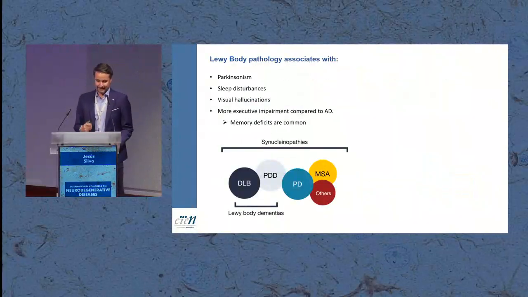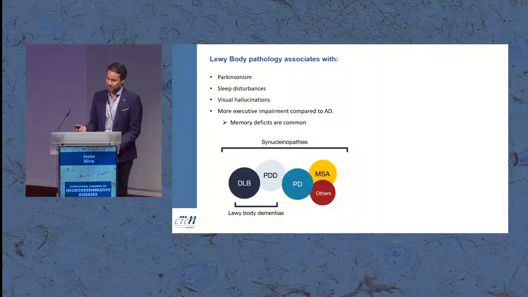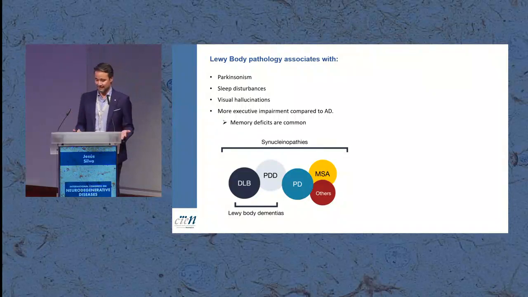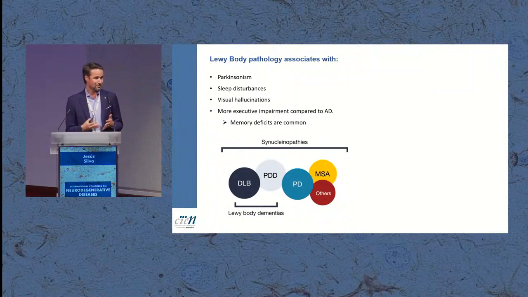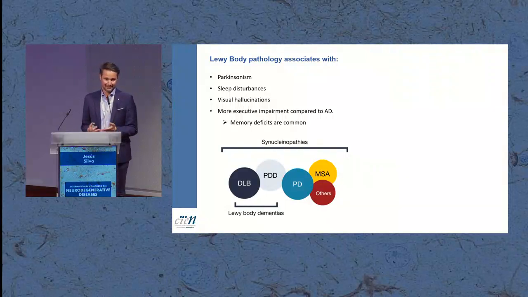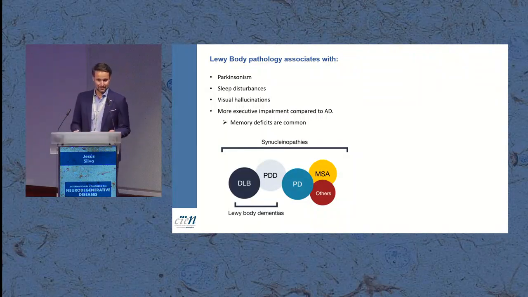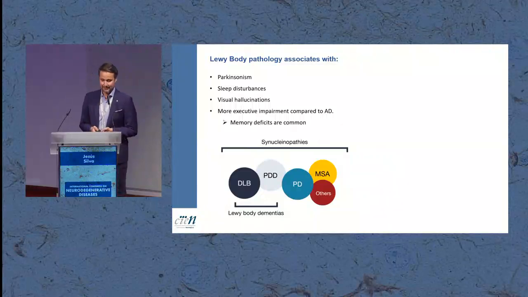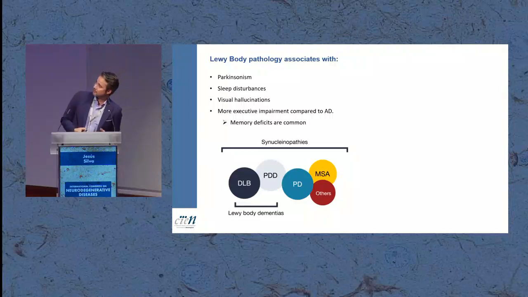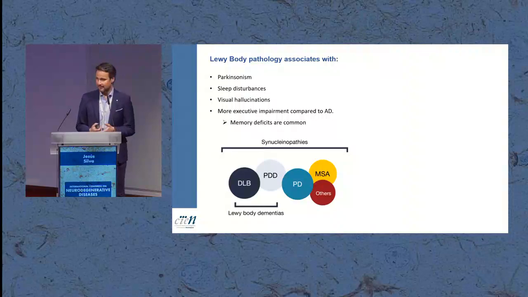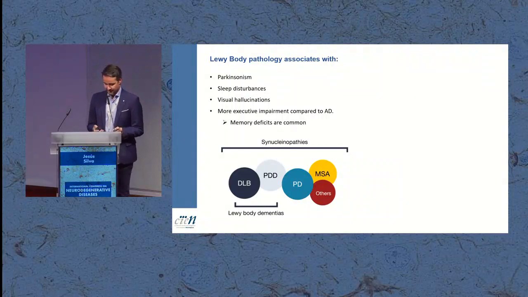And I found Lewy body pathology a bit interesting because, of course, we expect that LATE would mimic AD and will present with an amnestic phenotype, but we may usually expect that Lewy body pathology will be associated with much different clinical features like Parkinsonism, sleep disorders, hallucinations, and generally a more executive impairment in the clinic. And of course, this is true.